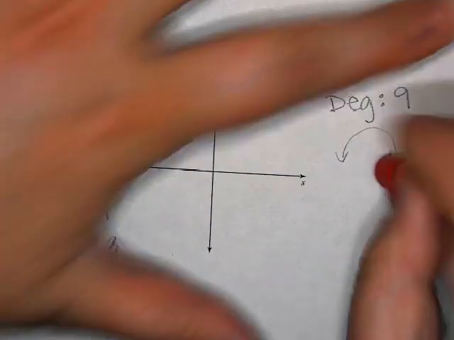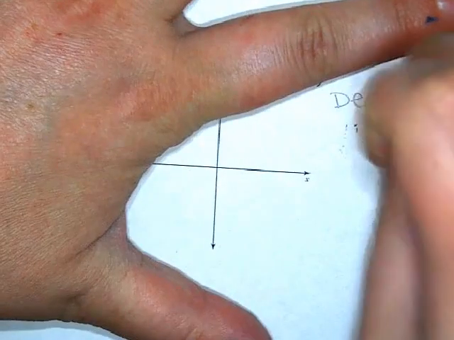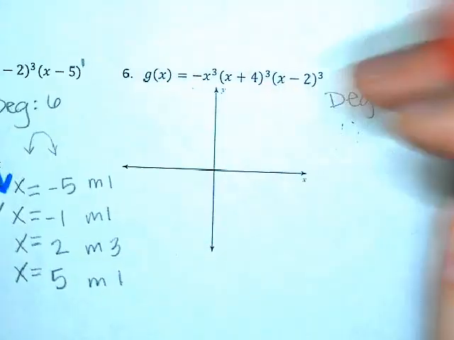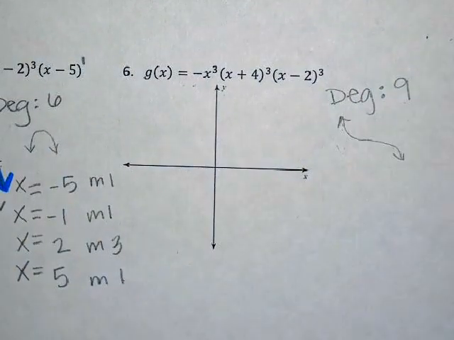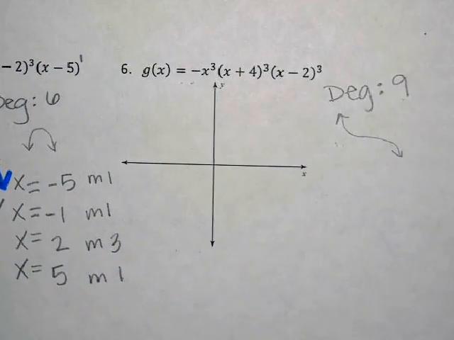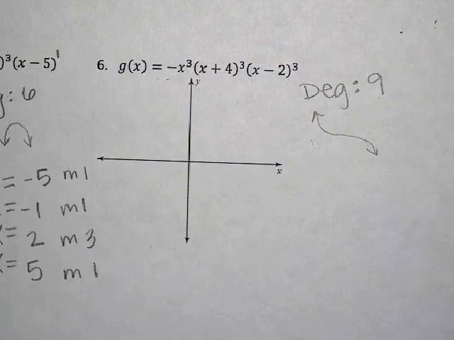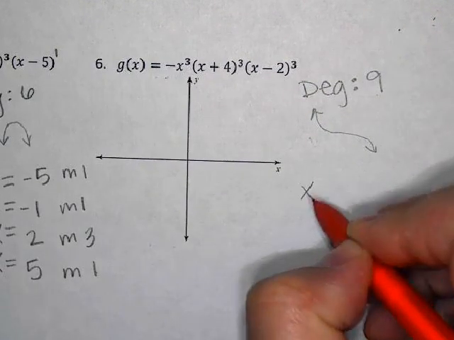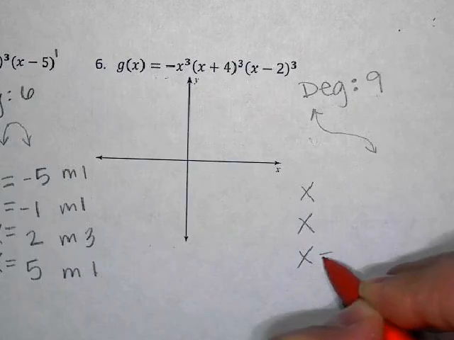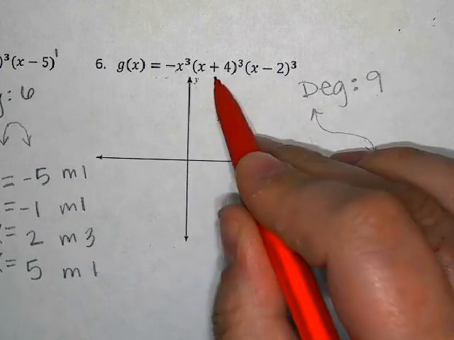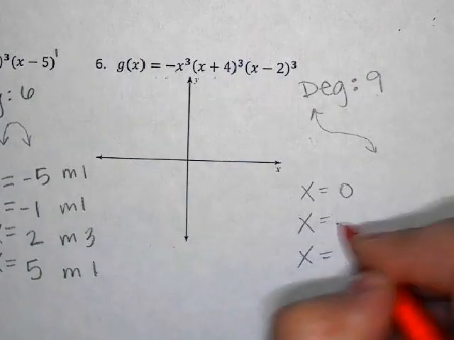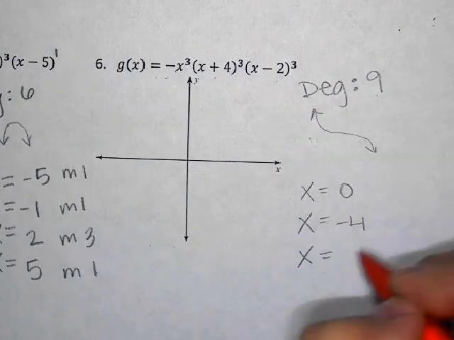Okay, perfect. All right, so we got that. What are the x-intercepts? 0, -4, and 2. And then what is the multiplicity for all of the x-intercepts? 3. We got a multiplicity of 3 for all of them.